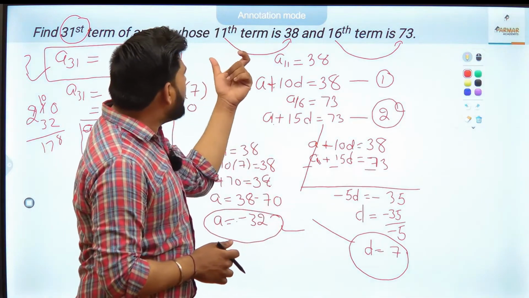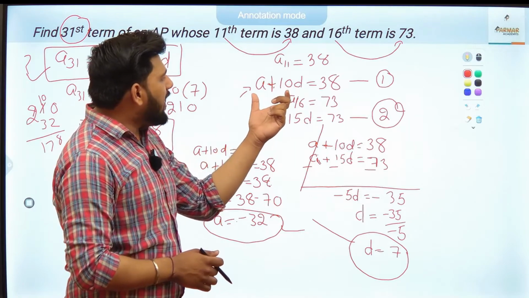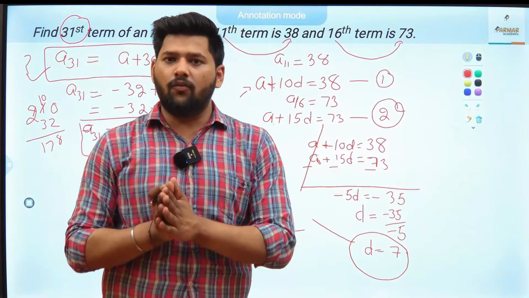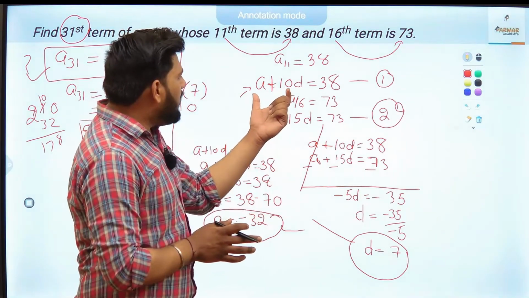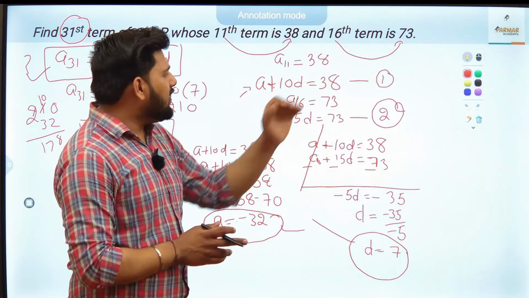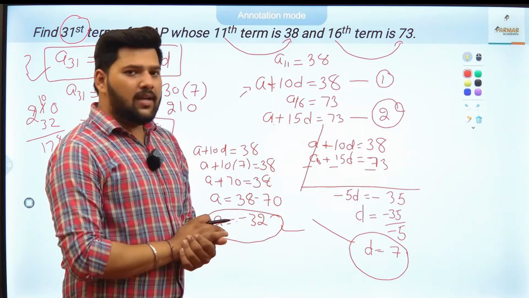So the 11th term is 38, that is a plus 10 times the difference. So a plus 10 times d is equal to 38. And the 16th term is 73. That is a plus 15 times d is equal to 73.